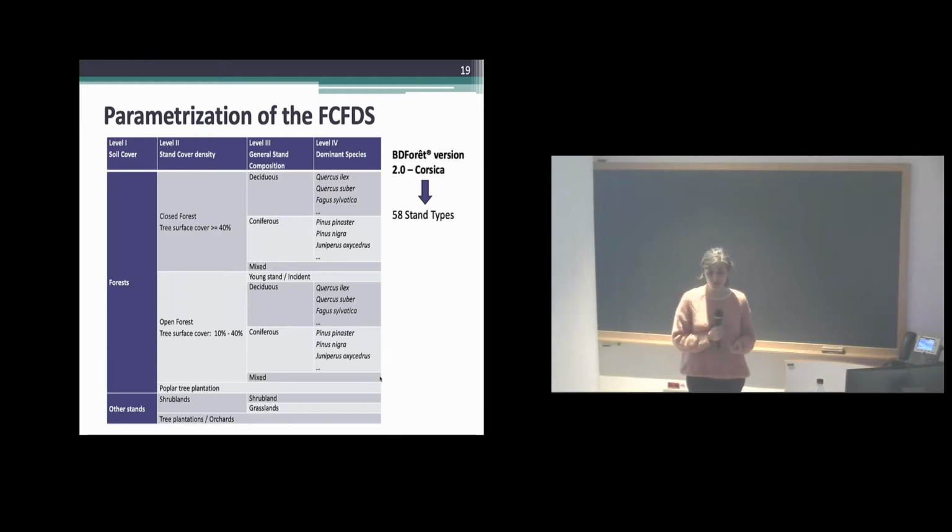For the case of Corsica, that means that we have 58 stand types.